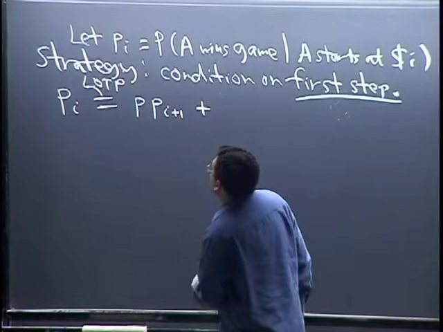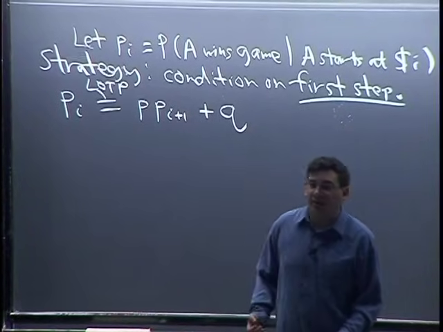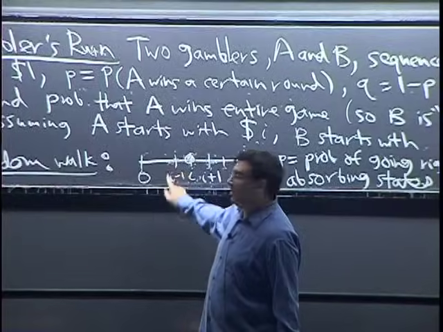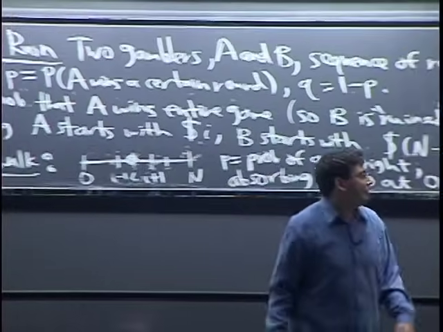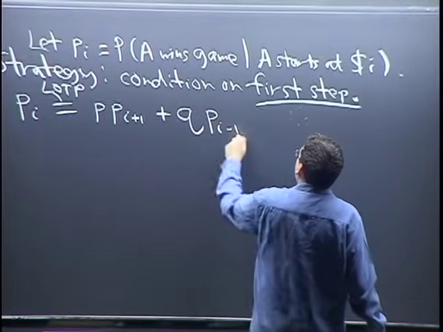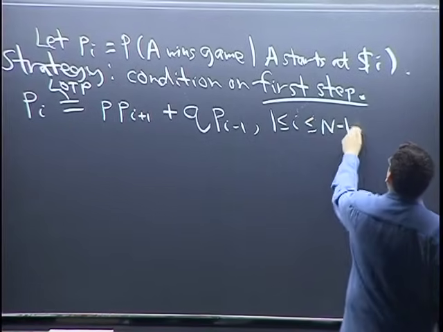On the other hand, with probability q, A loses the first round. And if A loses the first round, then the process is here at I minus 1. It's the same problem again starting at I minus 1. So P_i equals p P_{i+1} plus q P_{i-1}. This is for 1 less than or equal to I less than or equal to N minus 1.